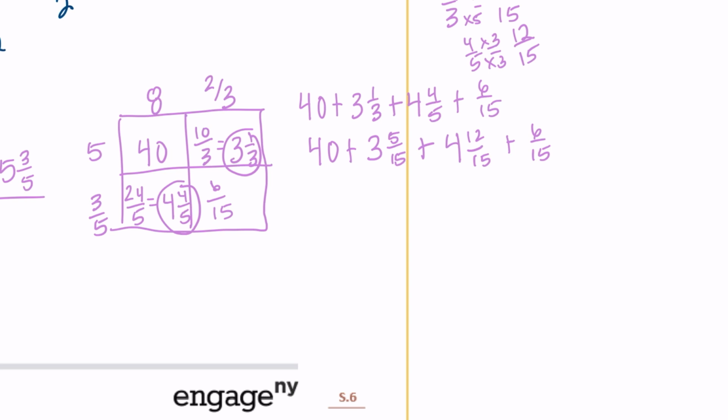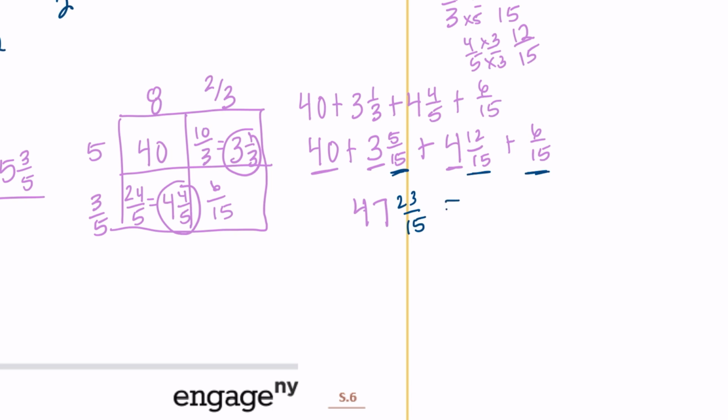Okay, now we all have the common denominator, so now we can add them. I'm going to add the whole numbers. 40 plus 3 plus 4 would be 47. And then 5/15 plus 12/15 would be 17/15. Plus 6/15 would be 23/15.